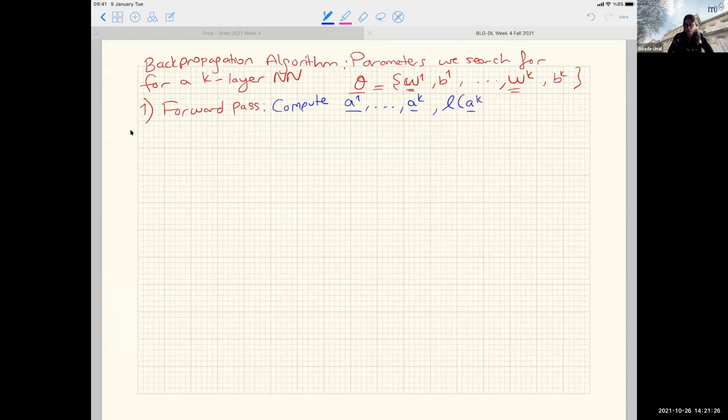It could be ZK, but that's a small technicality. At this point you can also compute local gradients, which is nice.